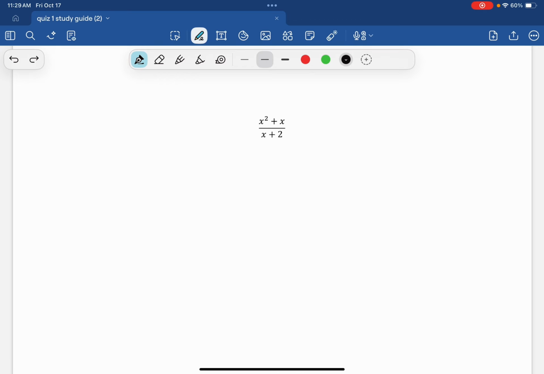So low d high, low is x plus 2, and then the derivative of the numerator is 2x plus 1 minus high d low, so high x squared plus x times the derivative of the denominator. So d low is just 1, because that's the derivative of x plus 2. And that's all over x plus 2 squared.